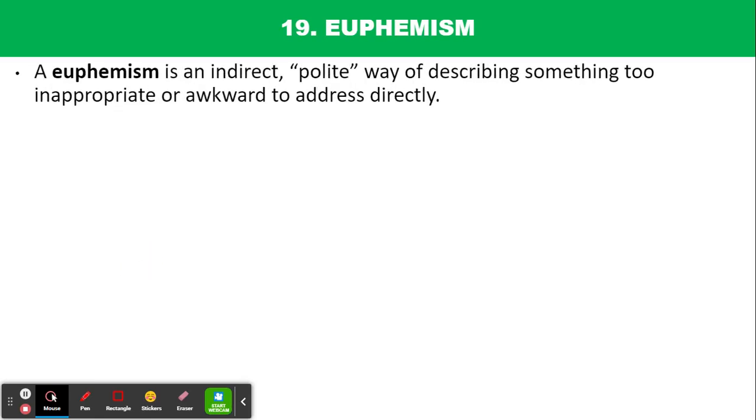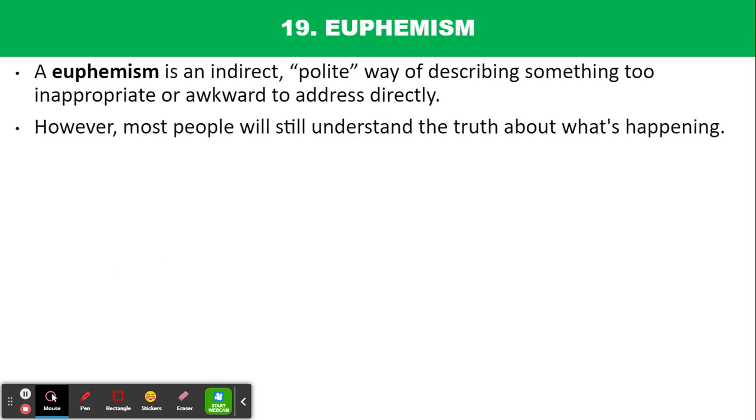Euphemism, number 19. Euphemism is an indirect, polite way of describing something that is too inappropriate or awkward to address directly. That is a pleasant way, the use of some pleasant expressions to describe unpleasant situations.